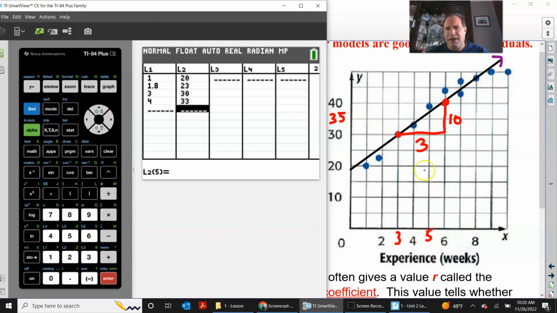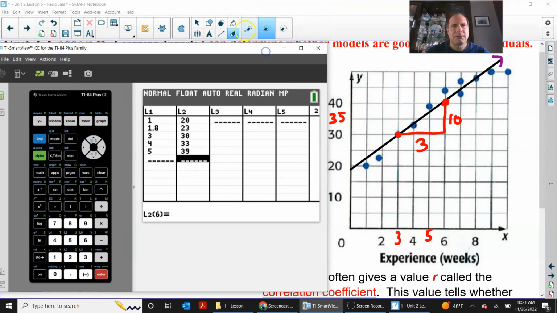And then we're up to 5. That was 4, 33, and this is 5, 39. And then we have 6. Was that a point? Let's see.